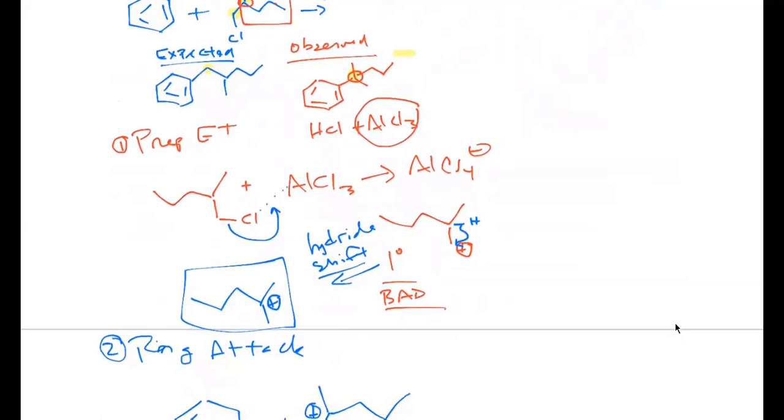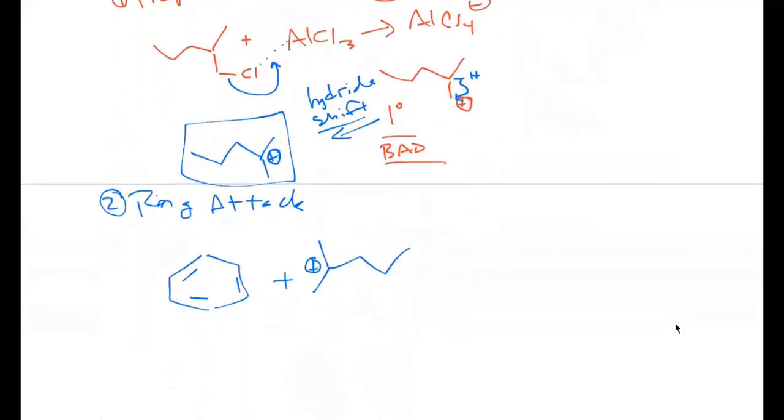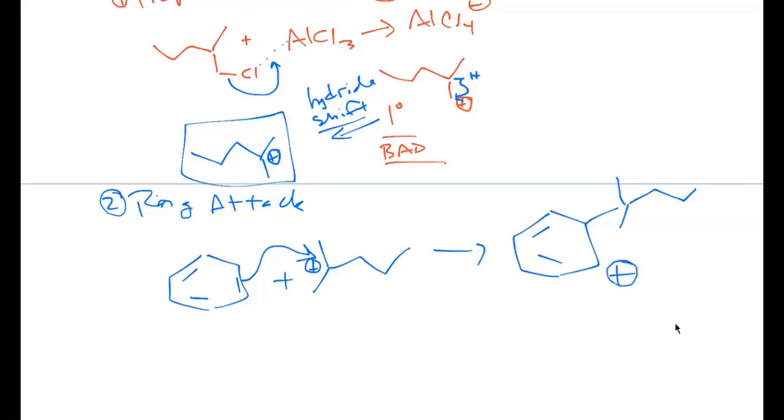Like we had it drawn here. Right, so the ring is going to attack this. Same type of intermediate with a plus charge on that carbon.